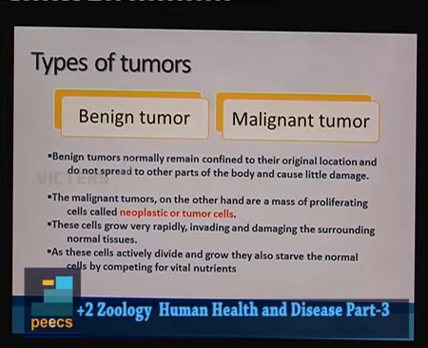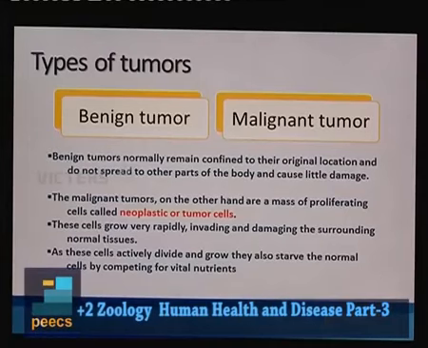So, malignant tumors are considered to be cancerous, or we say that they form neoplastic cells. So, neoplasm or new growth, which is harmful for our body, will be formed only by cancerous cells or malignant tumors. Here some characters are given. Benign tumors, remember, remain confined to their original location and they are not spreading.